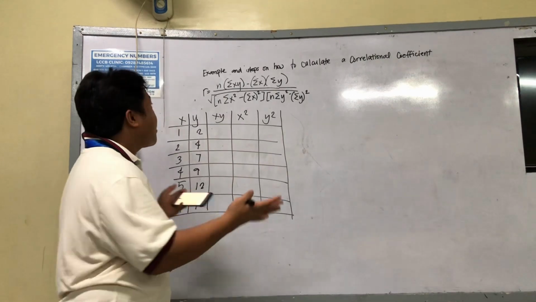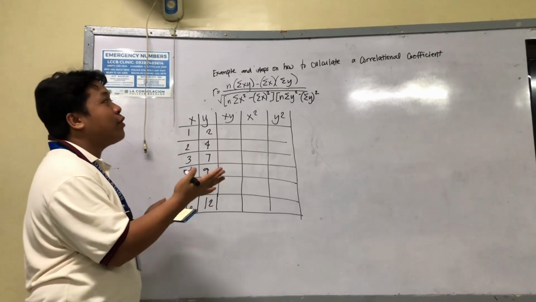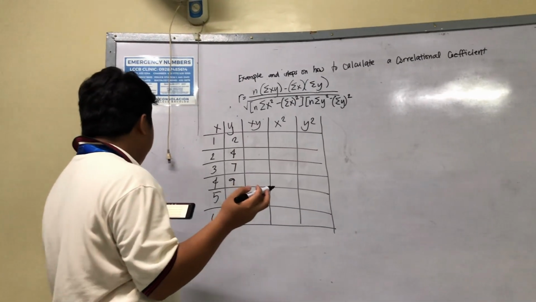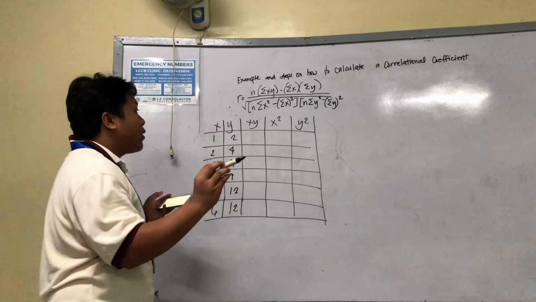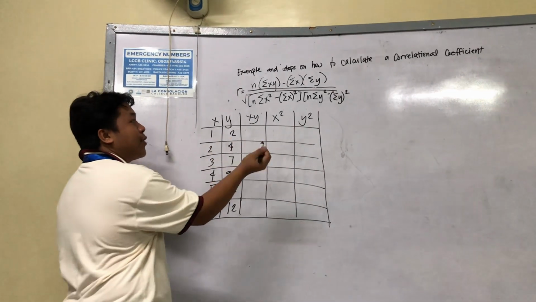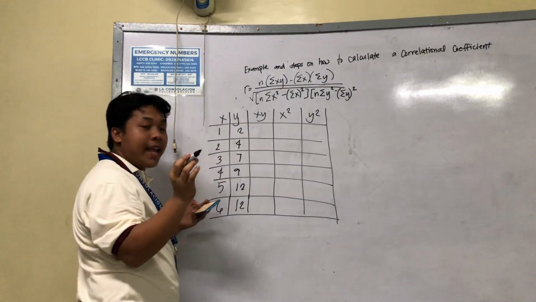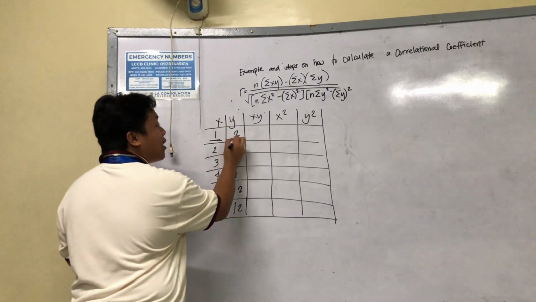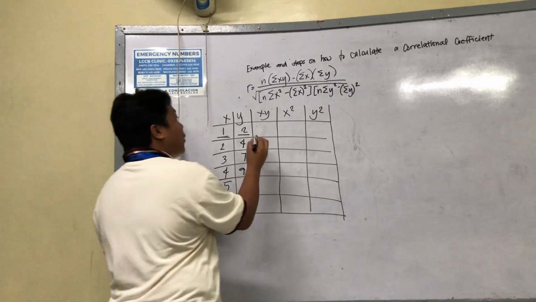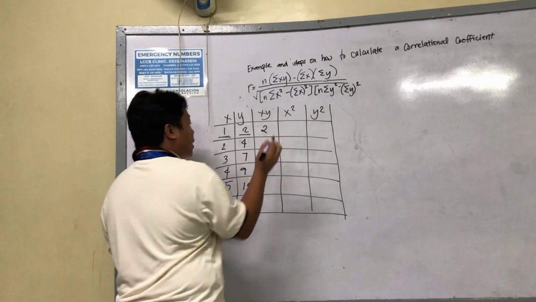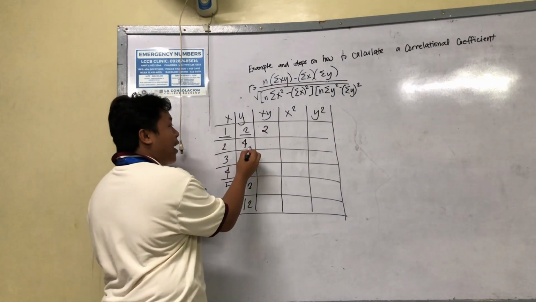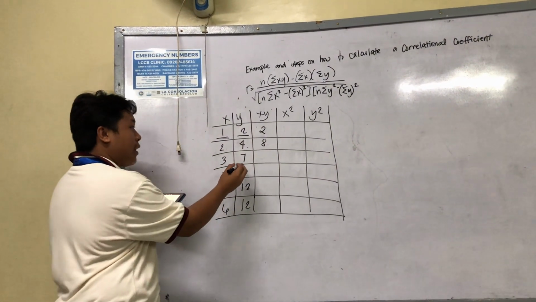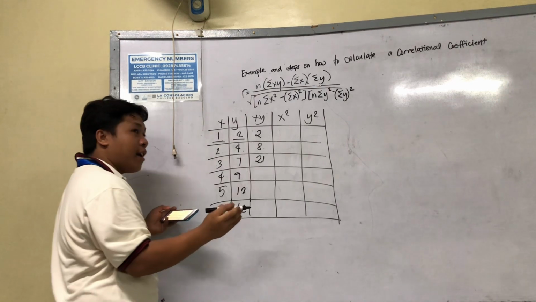Right now, we are going to solve an example and show the steps on how to calculate a correlation coefficient. The first step is we need to multiply x and y to get the sum of xy. We need to multiply the 1 and 2 from x and y, which is 2, and 2 and 4, which is 8, and 3 and 7, which is 21, and so on.